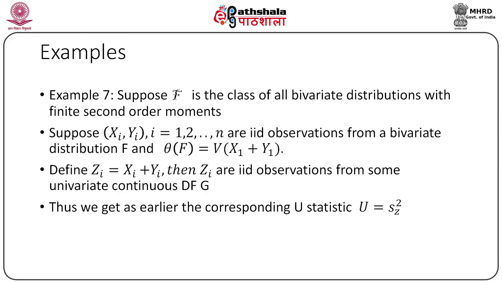The corresponding U statistic is naturally s square z, that is the sample variance based on z observations. Thus, in any case, the basic idea is to define a new variable z having some univariate distribution, reduce the functional in terms of the moments of z, and then apply usual methods with z observations.